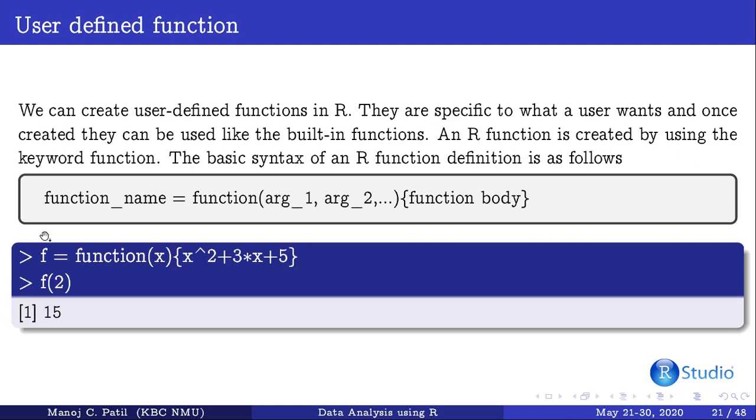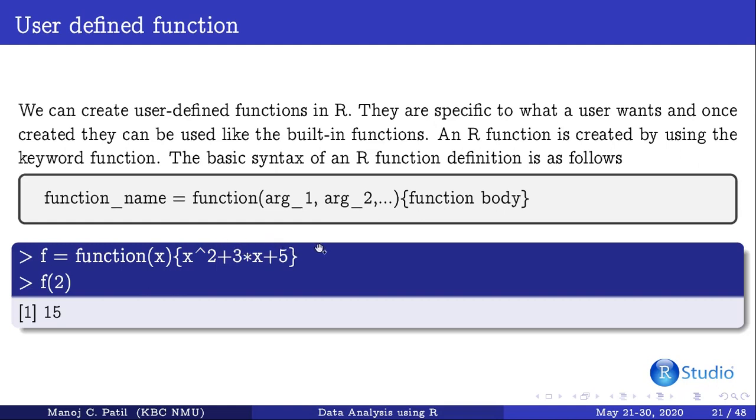Let's take an example. Suppose we have to define a function f of x is equal to x square plus 3x plus 5. So we will write f, that's the function name, equal to keyword function, argument, as it is a single variable function, we will put x here as an argument, and function body is equal to x square plus 3x plus 5.